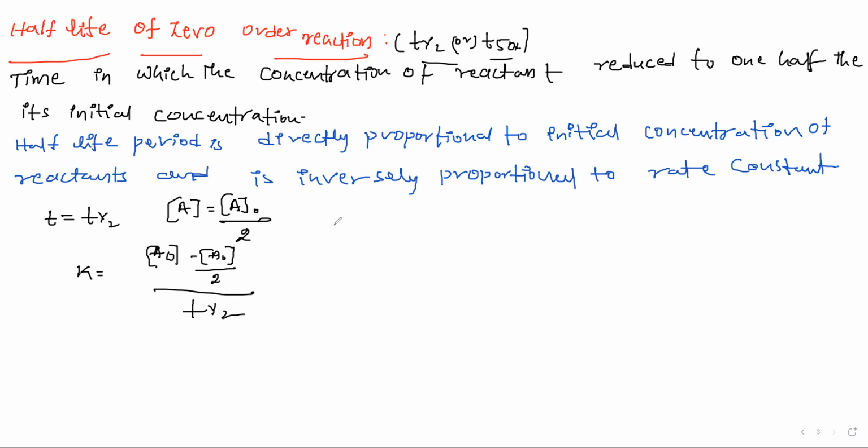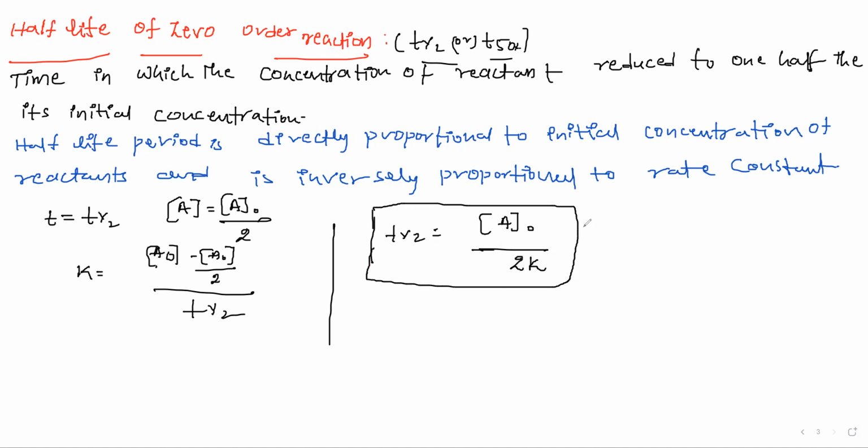Okay, so there we have to remember that t of is equal to, how can we write, a naught by 2k. So this is the half-life period of zero order reaction. A naught is the initial concentration, k is the rate constant.